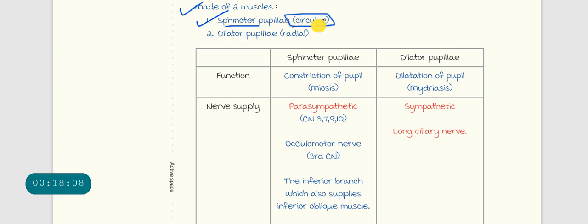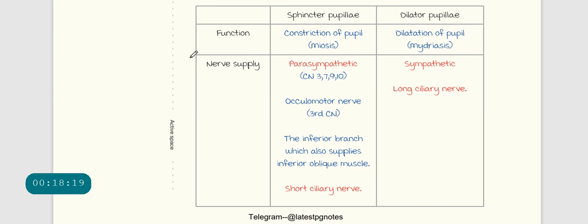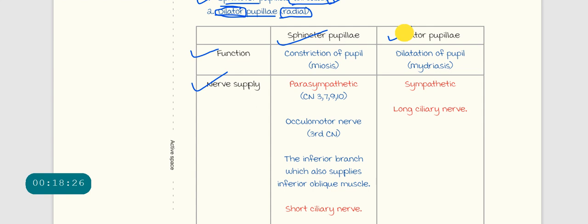Based upon the function and the nerve supply, if dilator pupillae is used for dilation, then sphincter pupillae is used for constriction. Constriction leads to miosis, we have studied in our lower classes, and dilation leads to mydriasis. So miosis is constriction of the pupil, and dilation of the pupil is known as mydriasis.